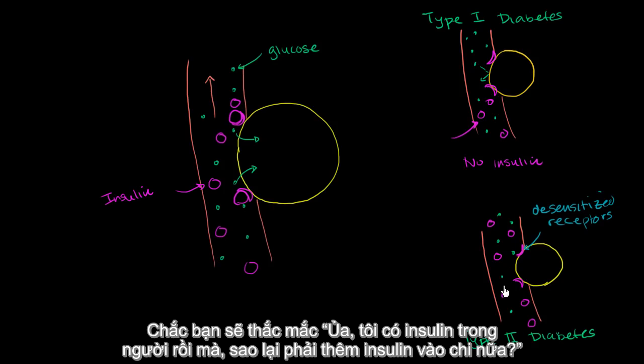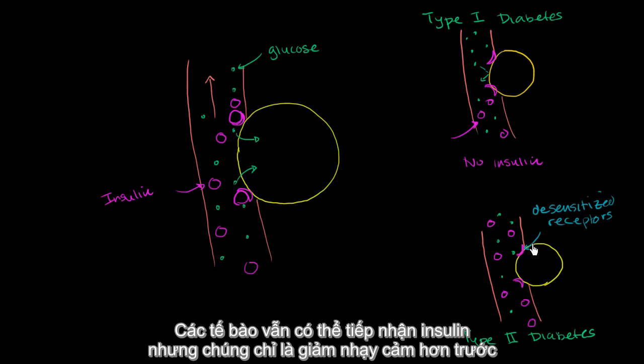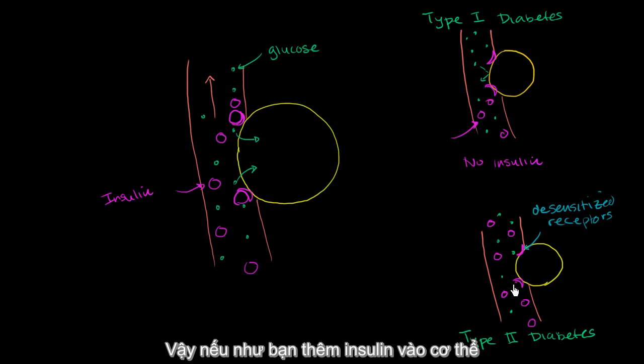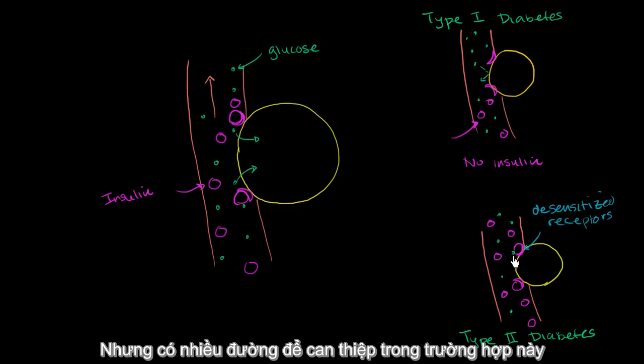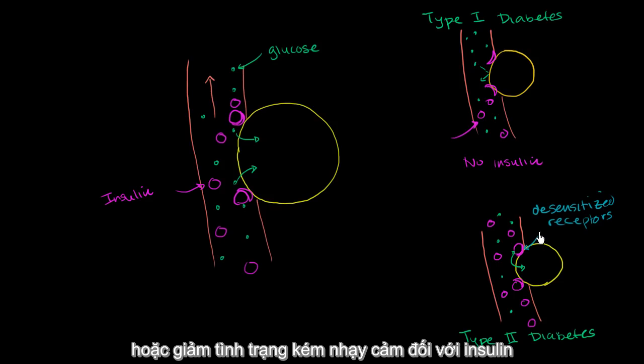And you can say, wait, I already have insulin here. Why would I add more insulin? Well, remember, the cells can process insulin, but they're desensitized. They would need more insulin in order to uptake the same amount of glucose. So if you add insulin, you could possibly have enough of a trigger that the glucose can actually be taken up. But there's multiple lines of attack here, and usually the first one is giving drugs that help hopefully resensitize you or make you less desensitized to the actual insulin.